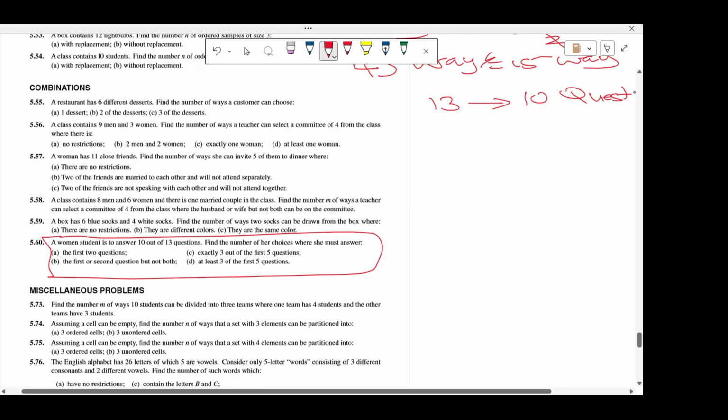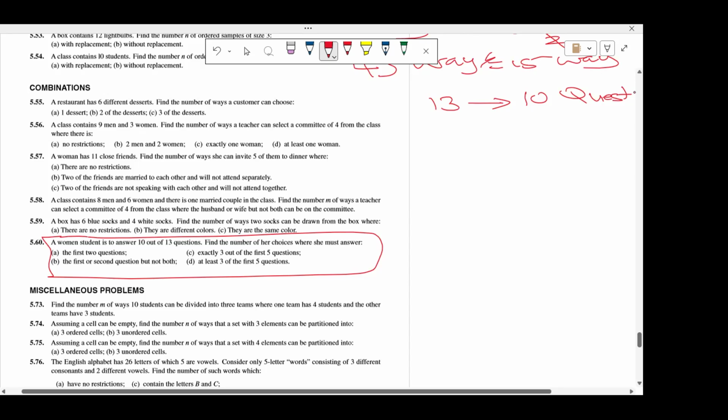Now, among these 13 cards, she needs to answer 10 questions. So now tell me how many ways she can select these 10 questions out of these 13 questions. This is not in the question.